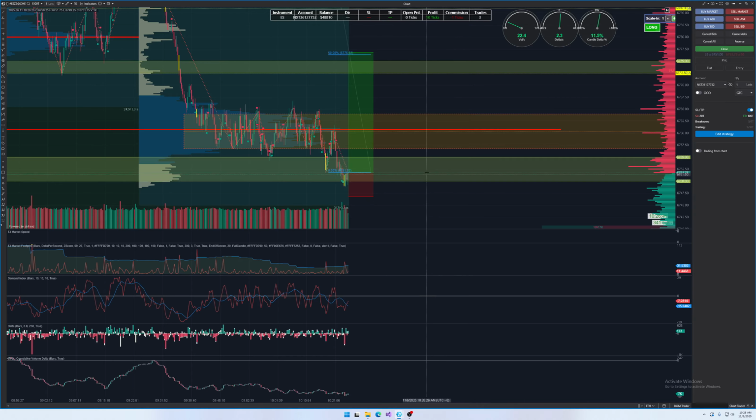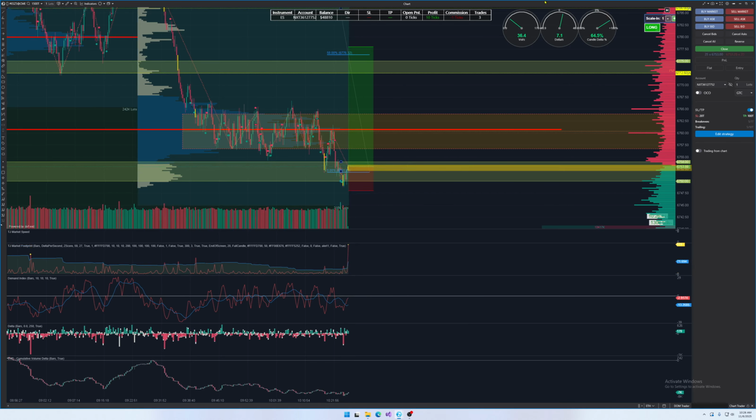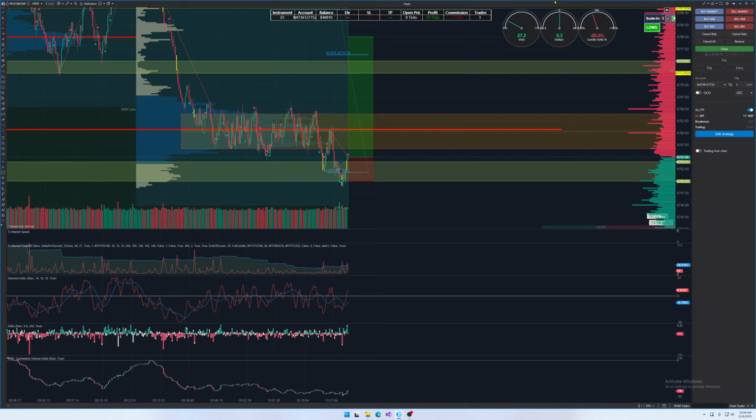It looks like exactly the range which we marked here. Here it's a bit high. Let's move that one. And does the market go up now? I don't know. So let's see.